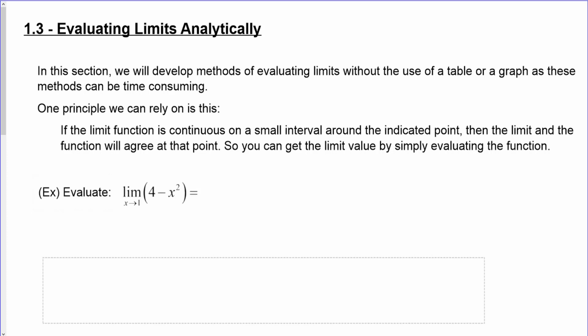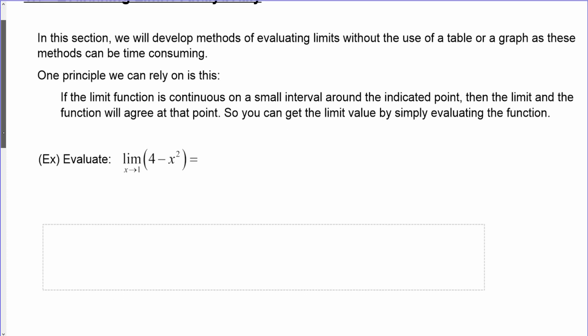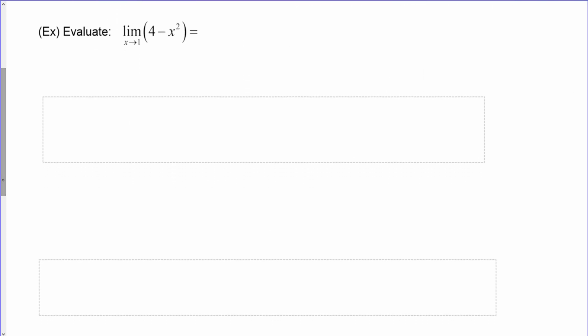So for instance, we saw the example 4 minus x squared, which you can use your calculator to do. I'm going to do it a little bit faster in the program I was using so that we can move this along.